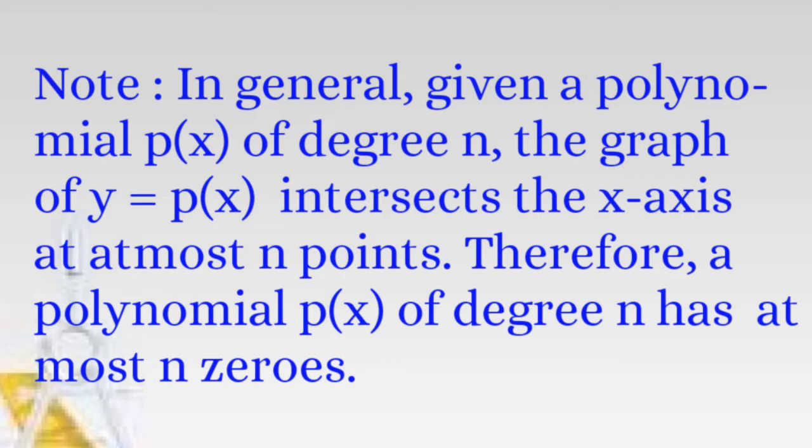Therefore, a polynomial p of x of degree n has at most n zeros. That is, a linear polynomial has at most 1 zero, a quadratic polynomial has at most 2 zeros, a cubic polynomial has at most 3 zeros, etc.